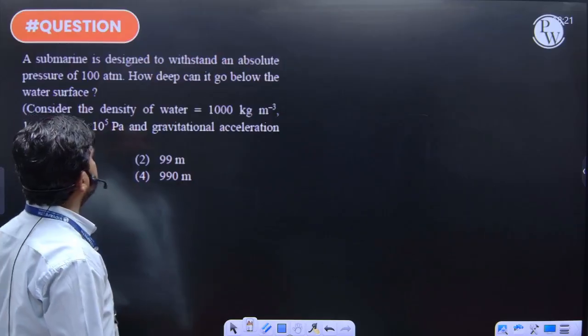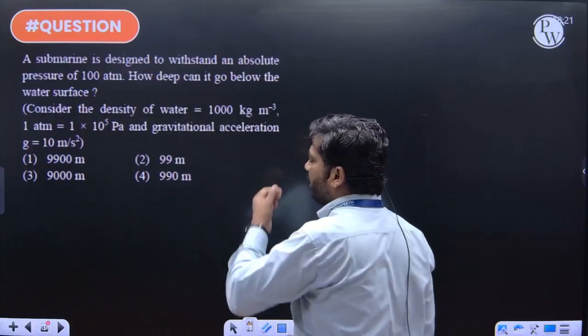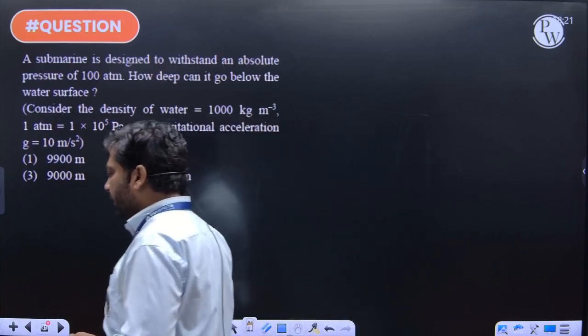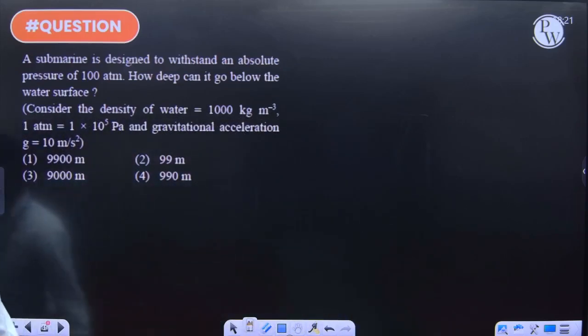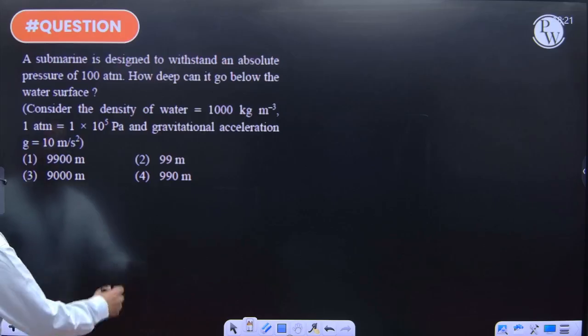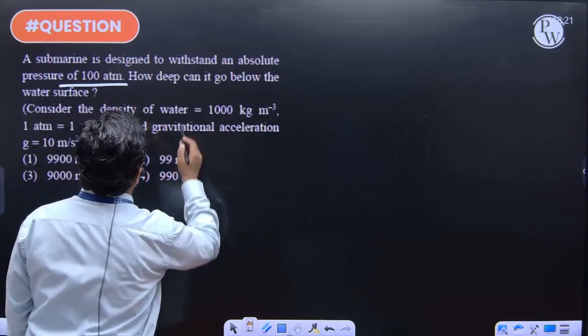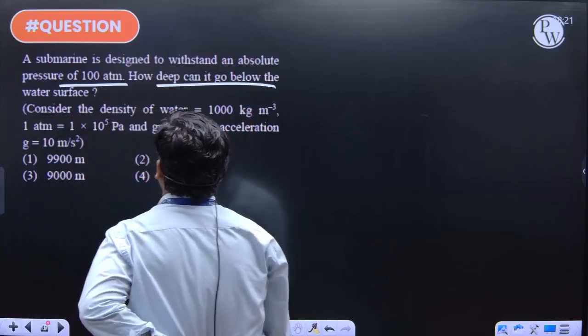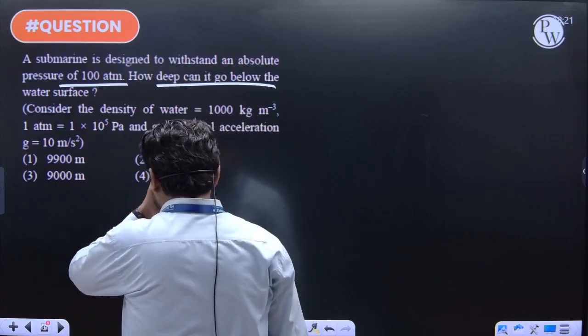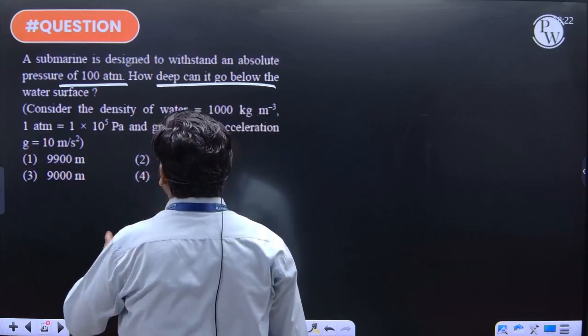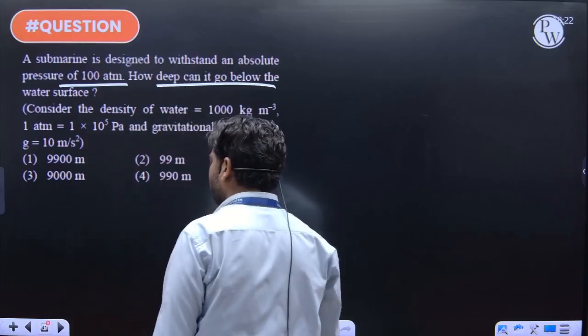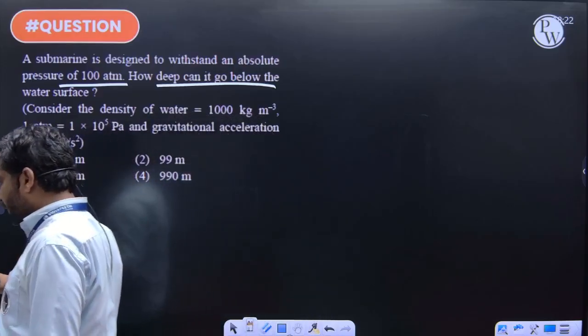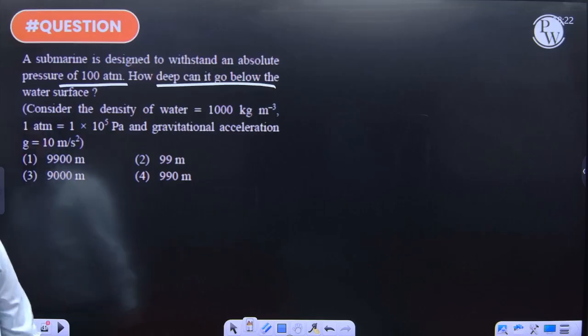A submarine is designed to withstand an absolute pressure of 100 atm. How deep can it go below the water surface? At what depth will the pressure become 100 atm?